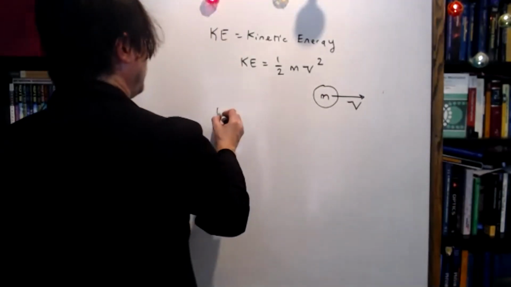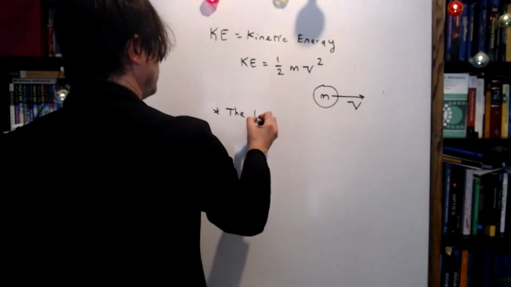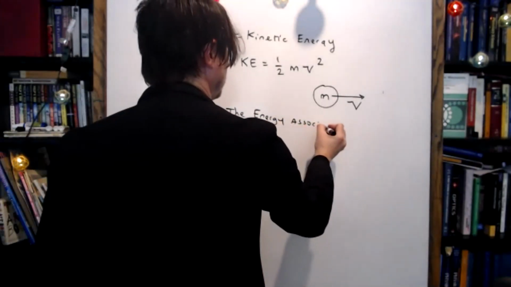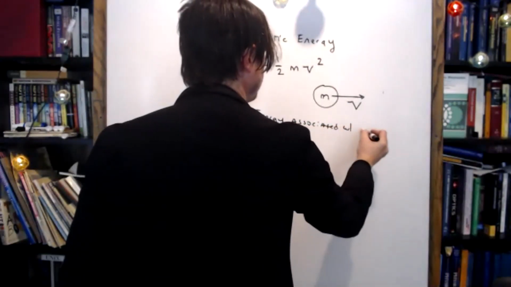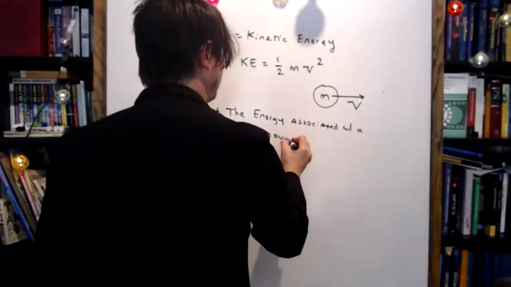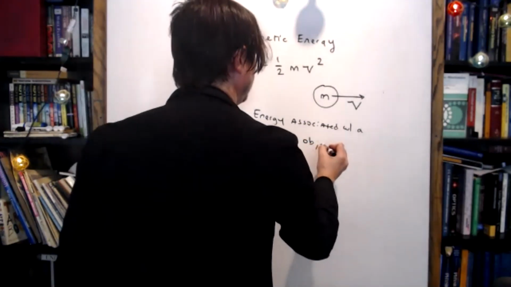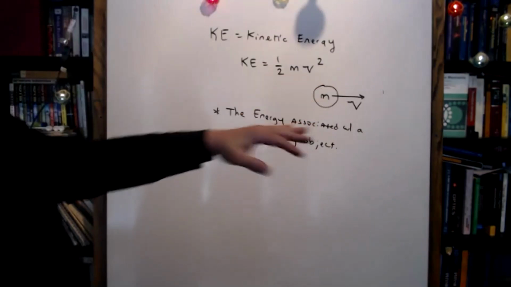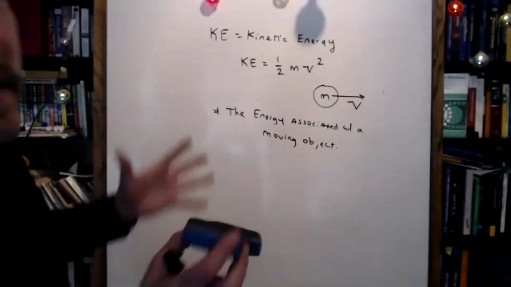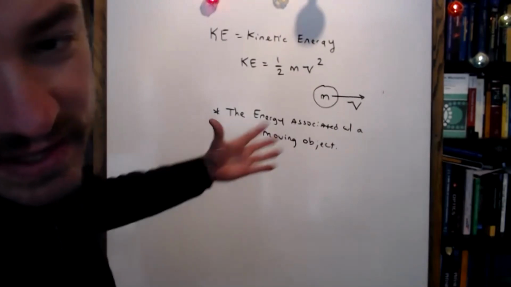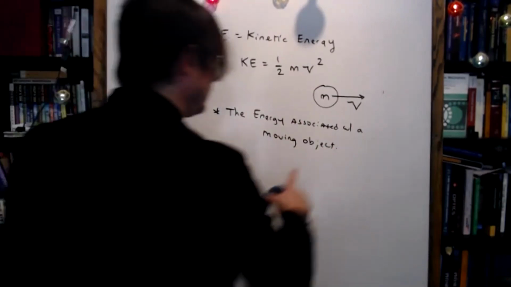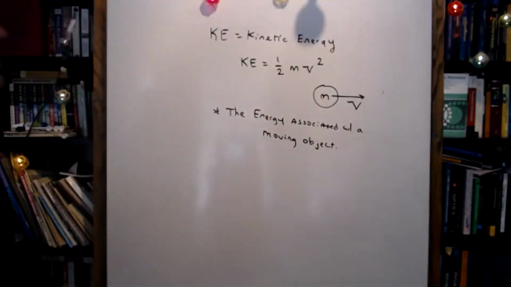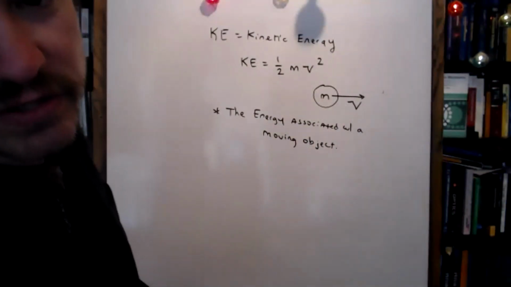And we could define it as the energy associated with a moving object. Technically speaking, we define kinetic energy as the energy necessary to accelerate the object up to that velocity. But I think it's just nicer to say the energy associated with a moving object. It has the right flavor of the feeling, okay? We're going to see some uses of kinetic energy going forward.